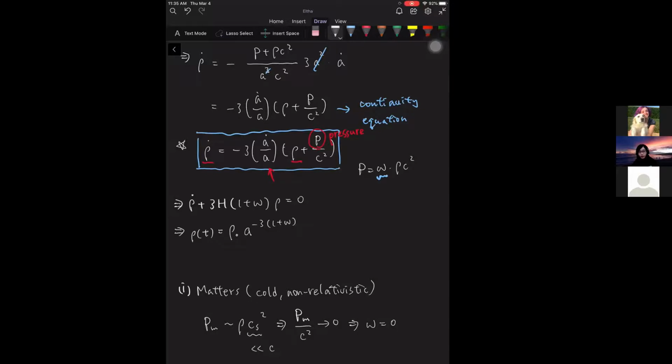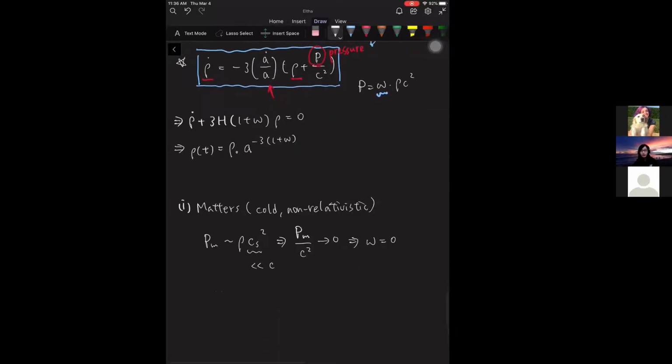So now we can basically just plug the different omega constants from different components into this solution and see how each component varies the expansion.